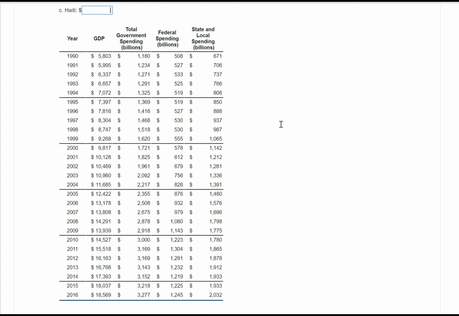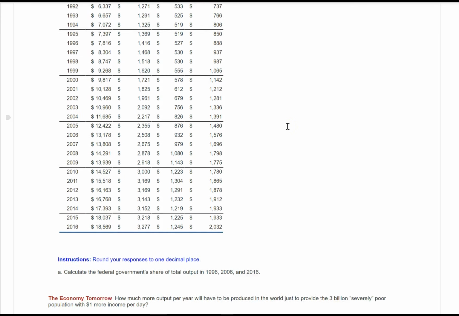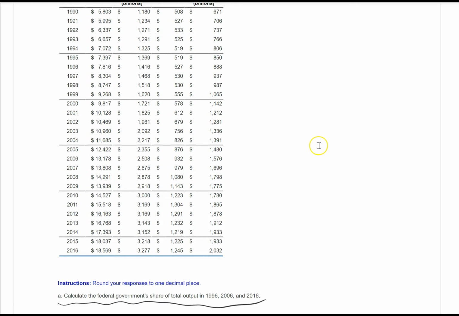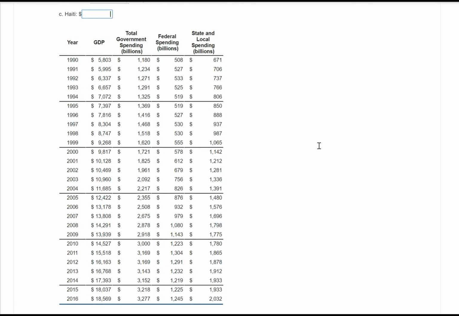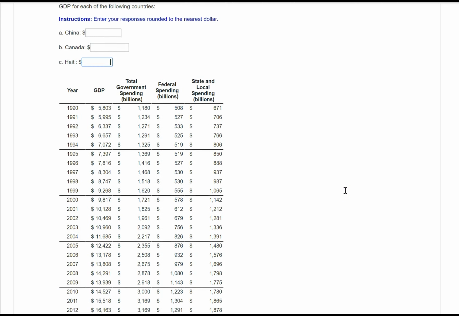This last one, I think it's the last one, is a big old chart with lots of information. And what they want you to do is calculate the federal government share of total output. And anytime you see that, you're going to say, oh, ratio. That's going to be easy. So, I'm just going to pick some years here. They ask for 1996, so let's start there.